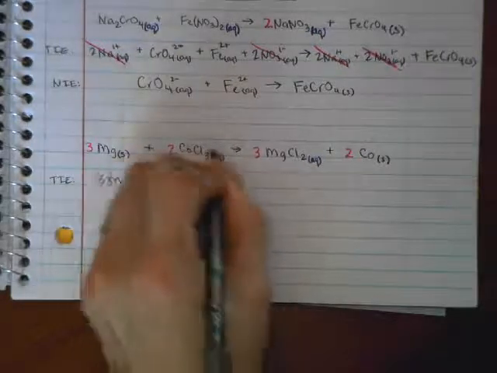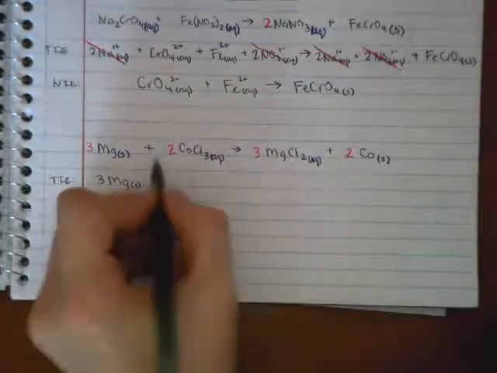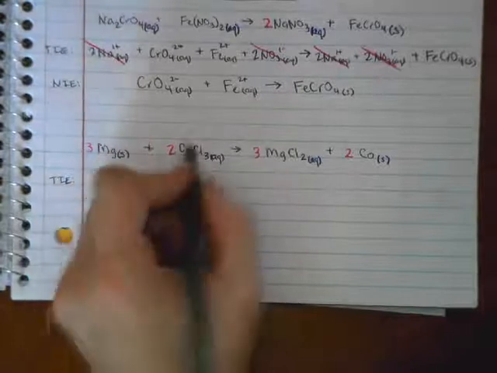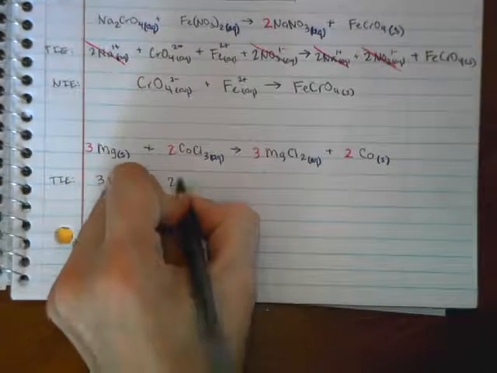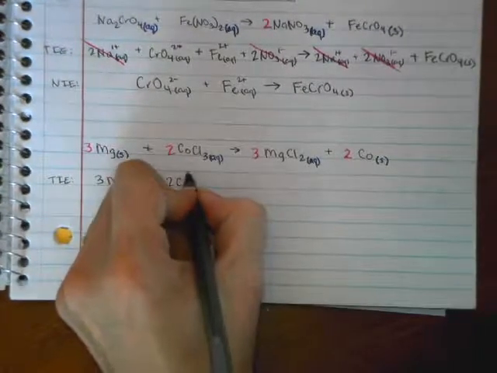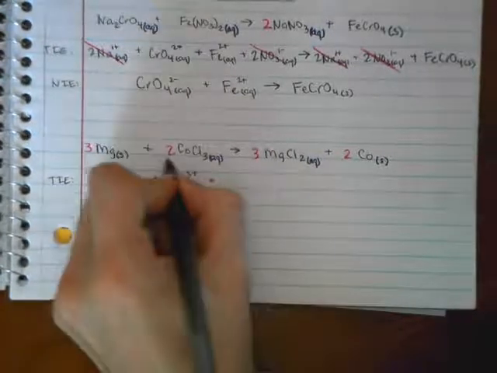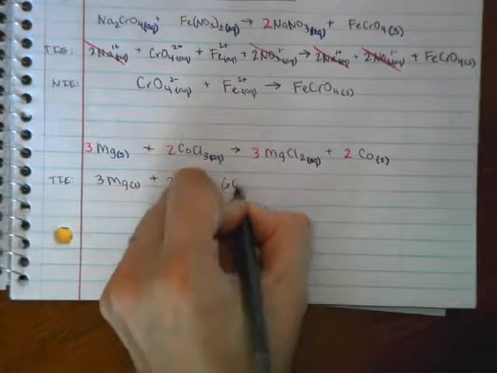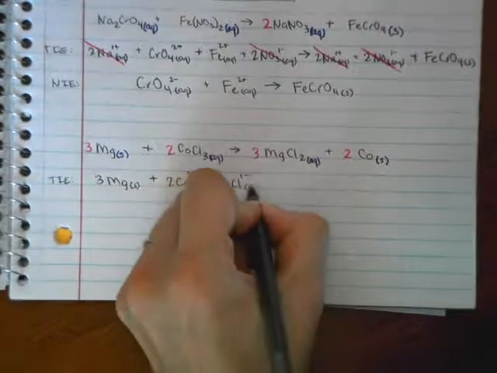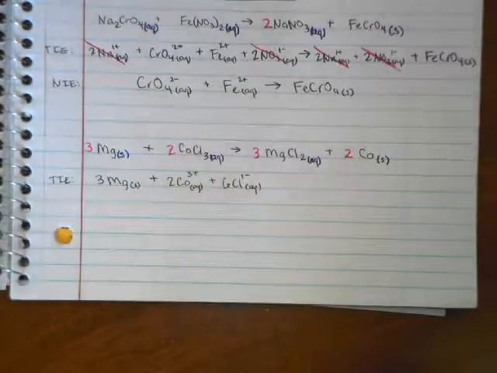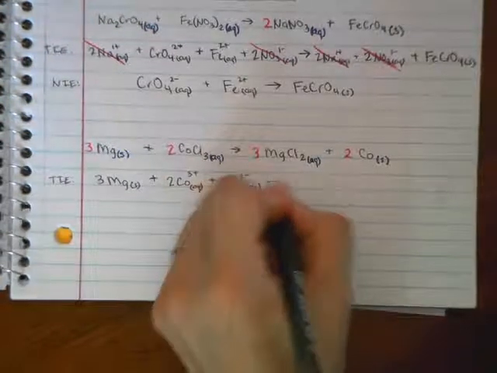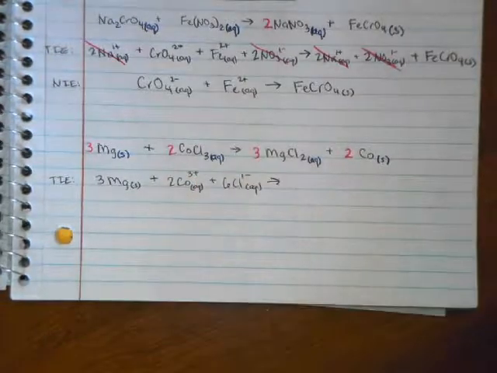But now we have an aqueous compound that we can dissolve. So this is going to be fun. We've got 2 cobalt ions, 2 Co3+ ions that are aqueous, and then 6, count them, 6 chloride ions that are also aqueous. So that's everything on my reactant side. I'm going to ionize one of my products as well.